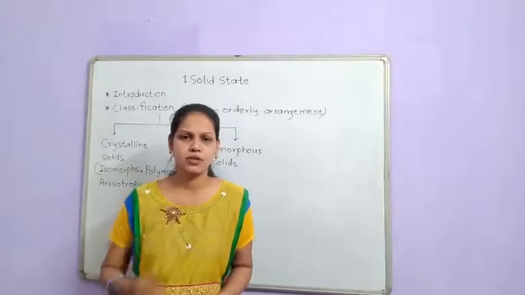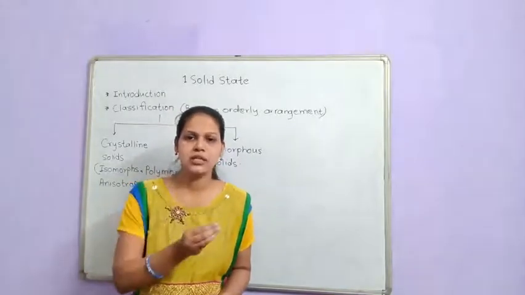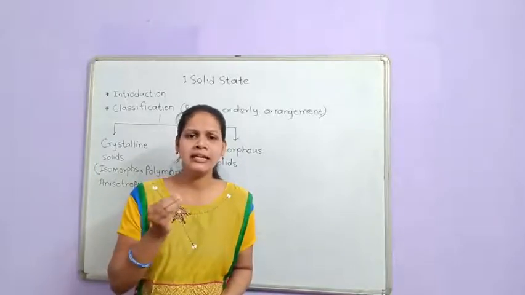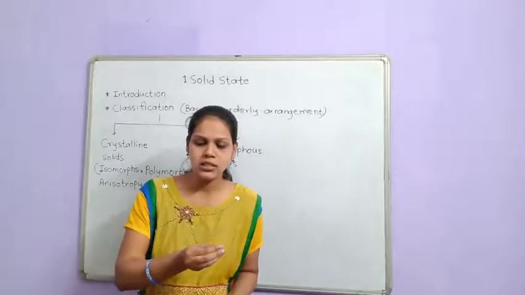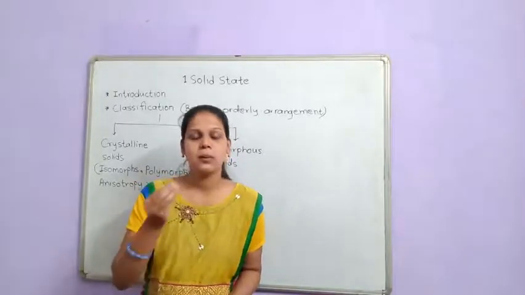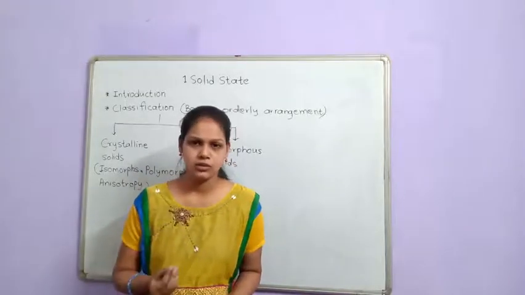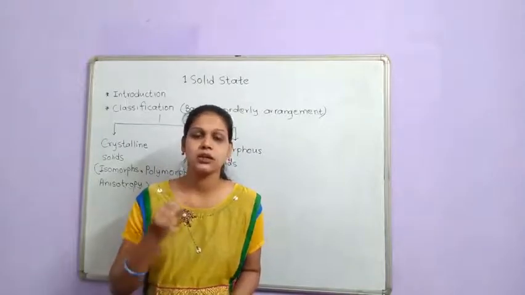What is the definition of crystalline solid? It is a homogeneous solid in which all the particles, whether ions, atoms or molecules, are orderly arranged. Such a solid is called a homogeneous solid, a crystalline solid.